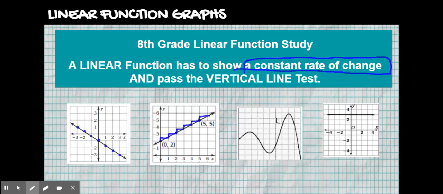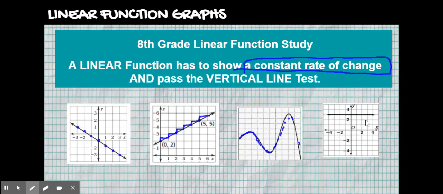Here is an example of not a constant rate of change. As x is increasing, this is going everywhere. This is increasing, and then at this moment it decreases, and then it increases again, and then it drastically decreases. This is not constant. This is varying. And we look at things that vary, and we look at things that are constant.